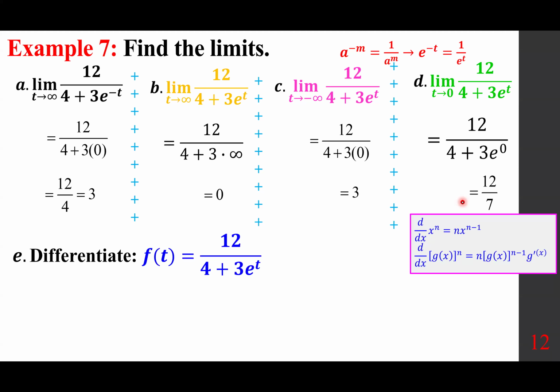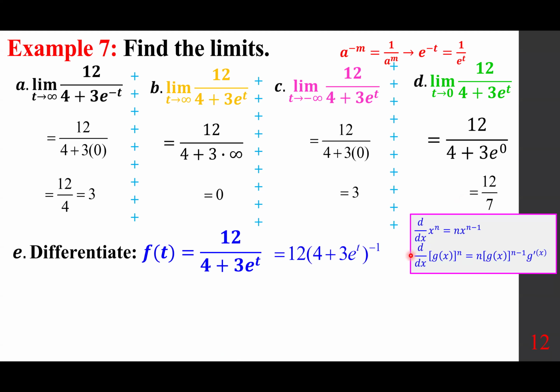What about differentiating this expression? Bring this up, make it ready for the extended power rule. And that is, first keep the 12, then times the exponent n or negative 1, then times the same thing to the power of negative 2, and then times the derivative of the inside, 3e to the power of t.